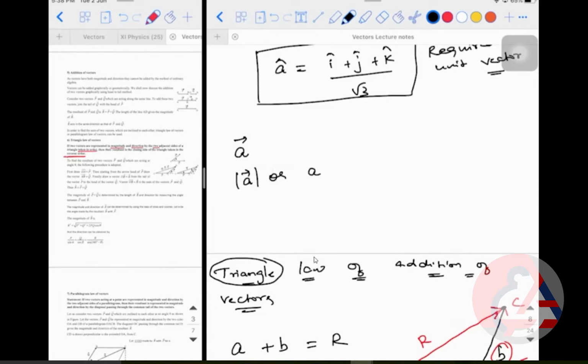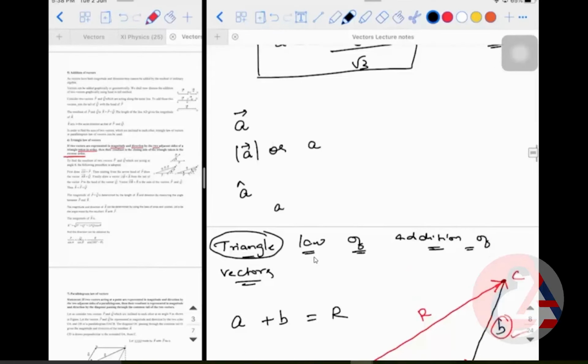If you just write the symbol, it means magnitude. Magnitude means length. Similarly, A with the cap on top is a unit vector. A with the cap on top with a modulus is going to be 1. So these are all the notations. The point I'm going to stress is that magnitude of a vector has two notations: the vector with the modulus around it, or just the symbol.